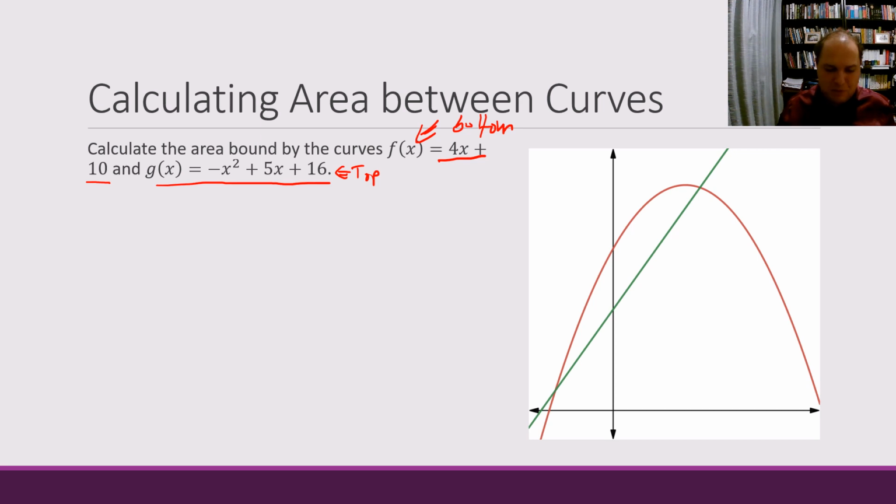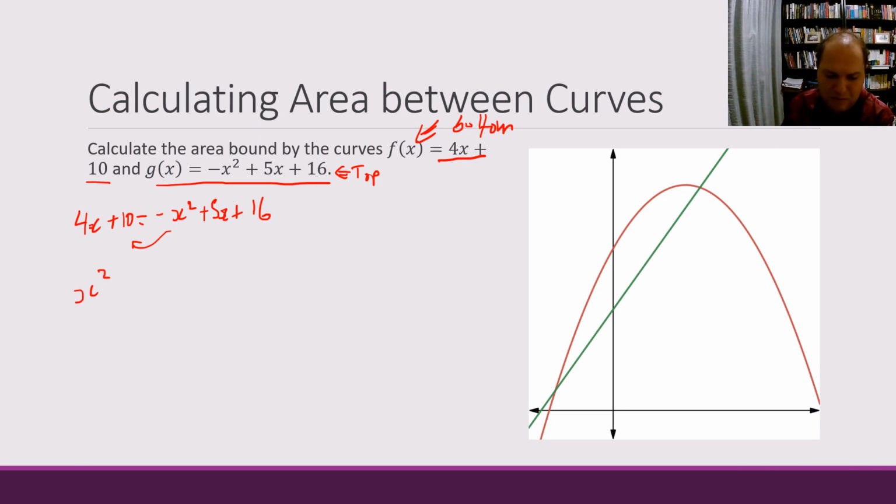Now, our first step is to work out our intercepts, so we need to solve these equations simultaneously. To do that, we'll just set them equal: 4x plus 10 equals negative x squared plus 5x plus 16. I'm going to rearrange everything to the left because I don't like having a negative coefficient of x squared.